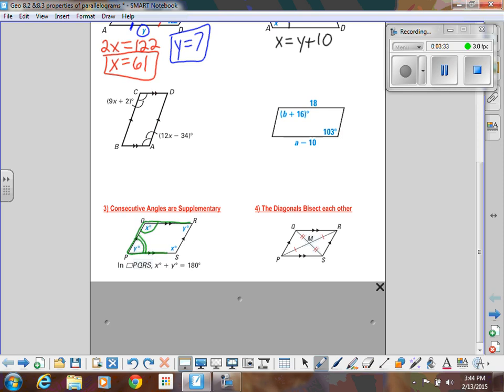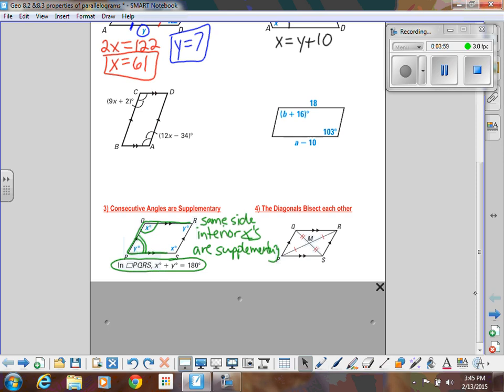So remember that makes that C shape. We know those are supplementary, which means they add up to 180. So that's why we know that x plus y is going to equal 180 in this diagram.